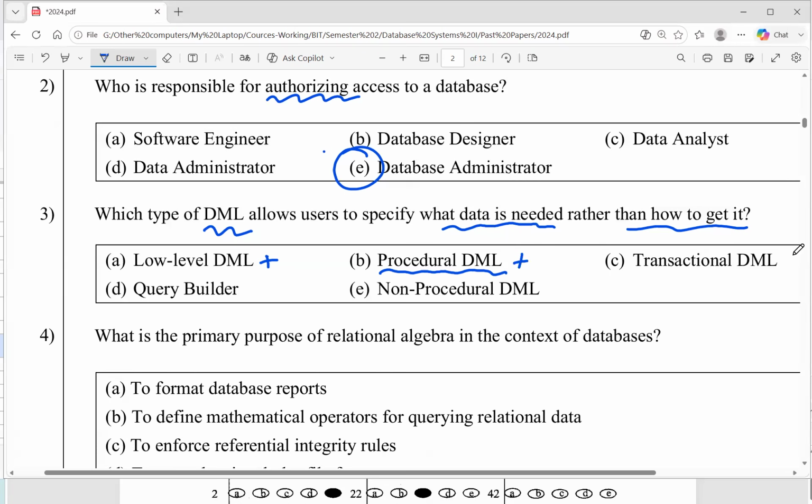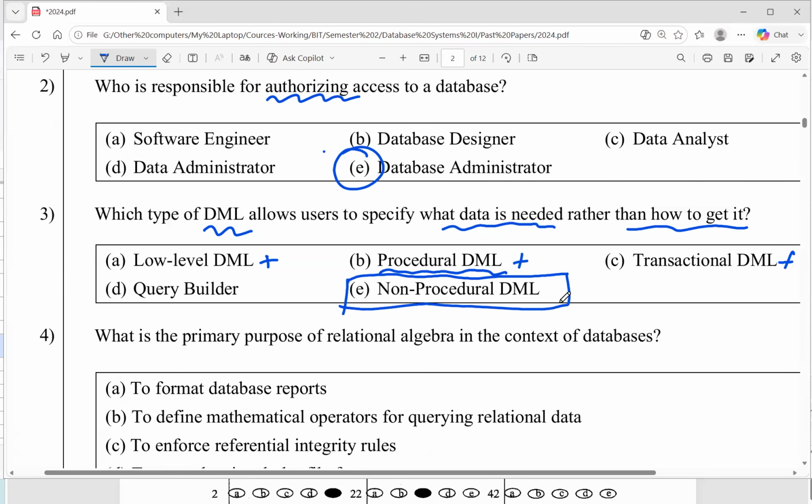Transactional DML, no. Query builder, I don't think so. So it's not procedural, it's declarative. So maybe non-procedural, but the better term is declarative. Declarative means you declare what to do rather than tell how to do.